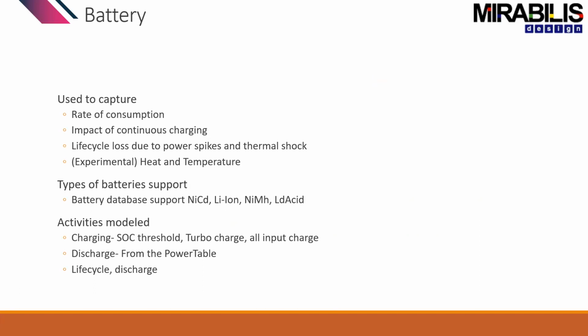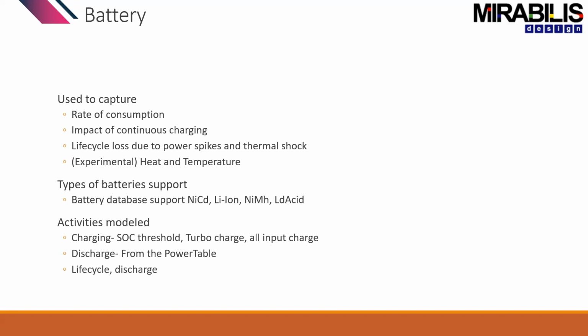In addition to looking at the consumption and the power management, you can also start integrating other elements of the system that are related to power. Battery is one of those. So for example, you can capture the amount of charging, the discharging, the life cycle activity. Which means you can look at consumption, what happens if you have continuous charging, what happens if you have thermal shocks, heat and temperature.